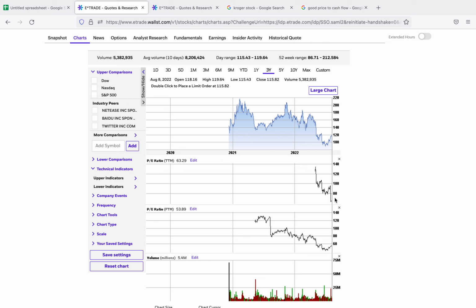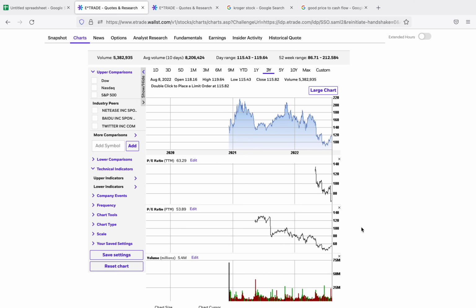So we're looking at 63.29 for the trailing 12 months. The projected price to earnings, because they're expected to make more money, is 53.89. That is still really, really high. Of course, what's considered a normal rate can vary depending on the market. But in a normal world, you're looking at 27 as a decent price to earnings.